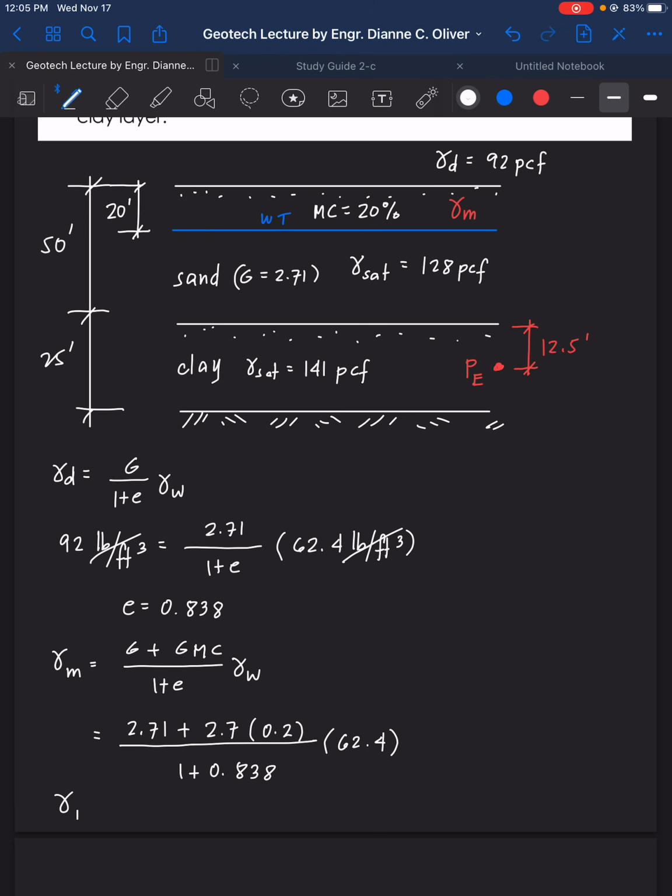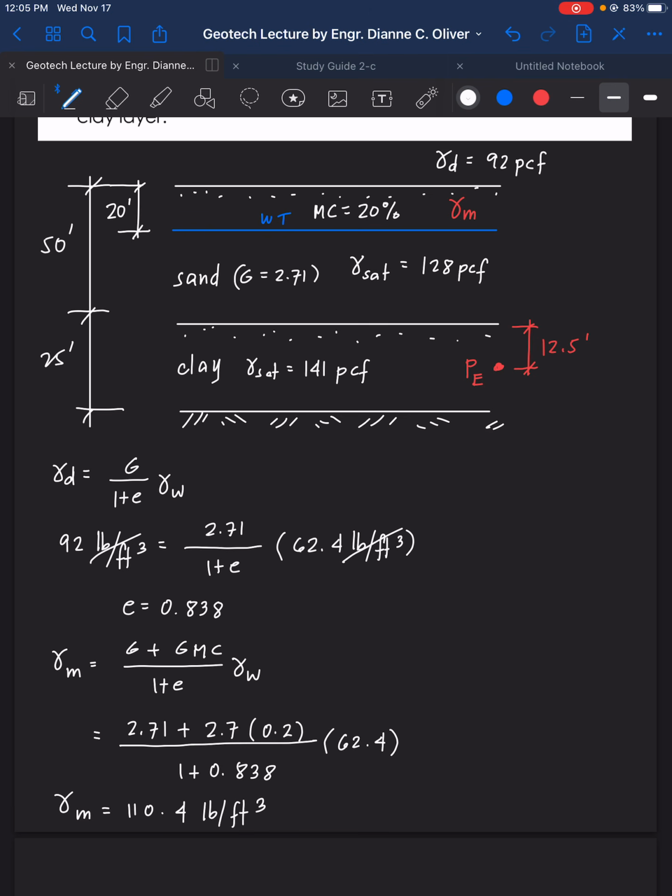So gamma moist is now equal to 110.4 pound per cubic foot.